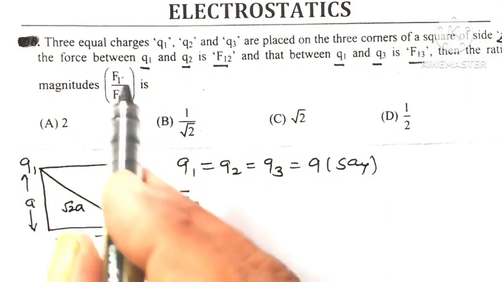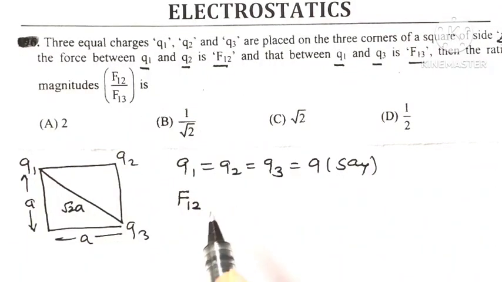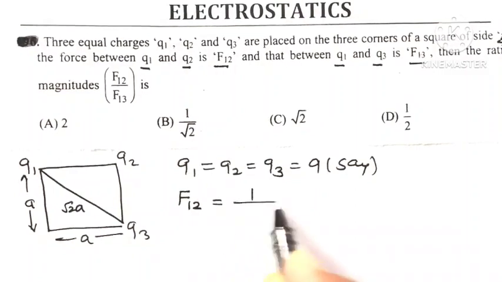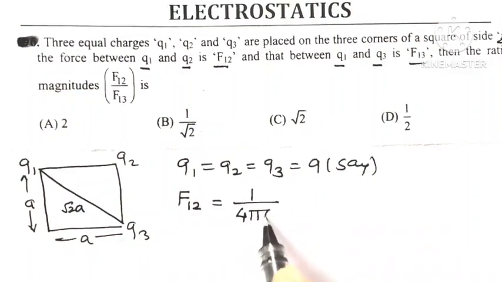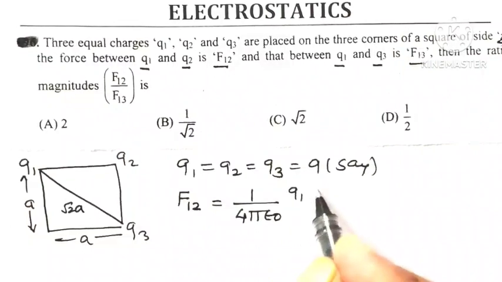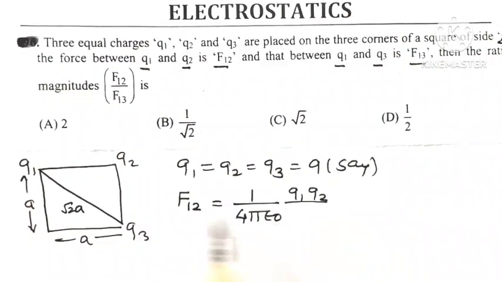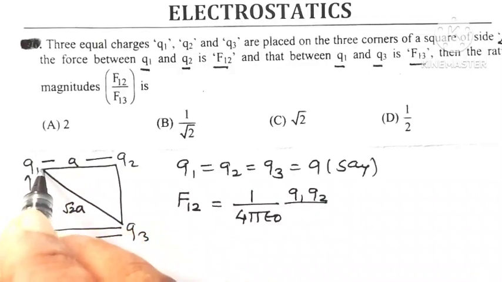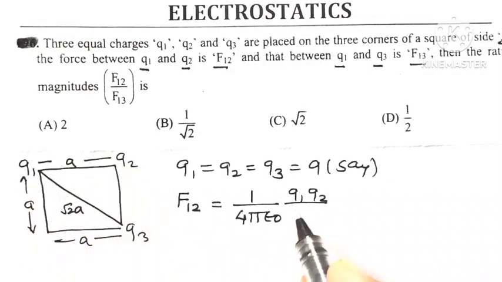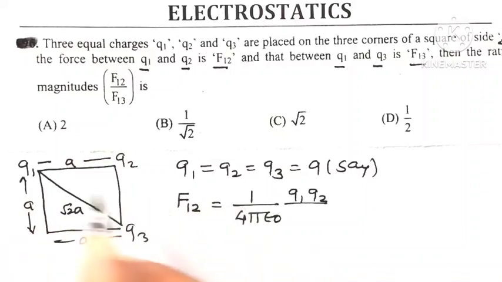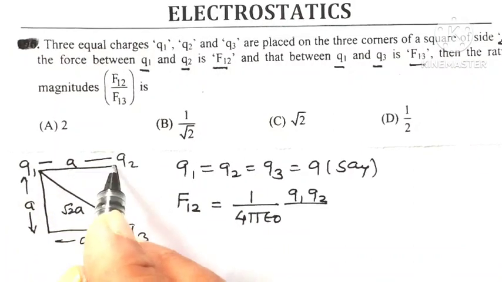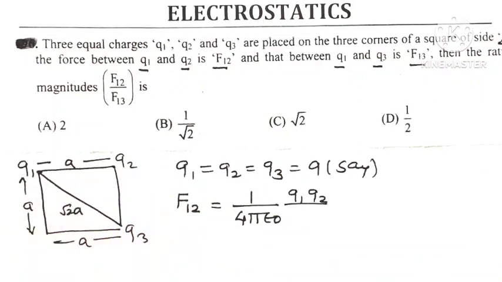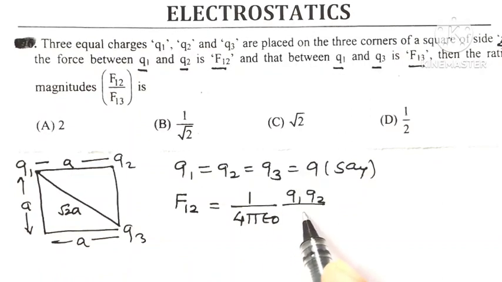Force between charge Q1 and Q2 is equal to 1 upon 4 pi epsilon 0 into Q1 Q2 divided by, here what is the distance of separation between the two charges? Because they are lying at two corners of the square, the distance between the two charges is nothing but the length of one side of the square, and that is A.